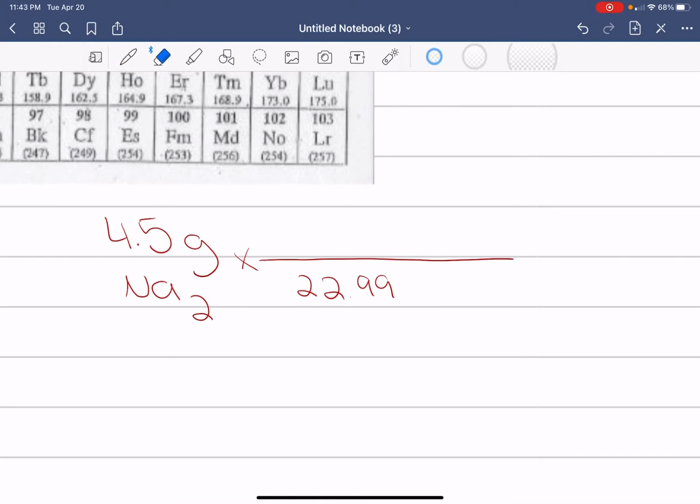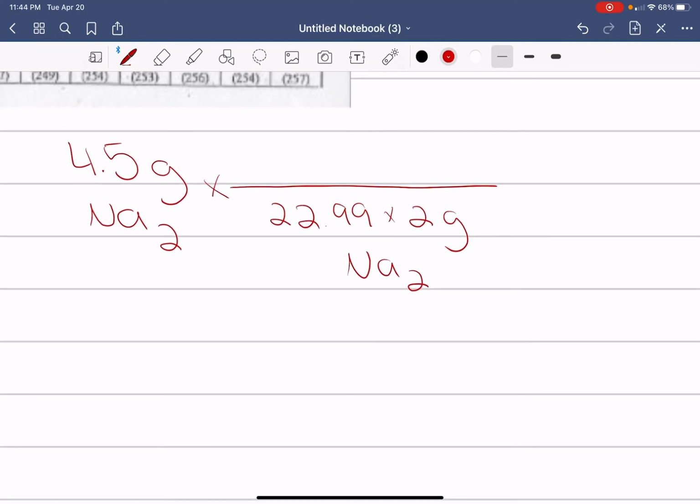But with this instance, you have to times it by 2, and that would be 45.98 grams of sodium. Now, remember on top we do 1 mole of Na2.